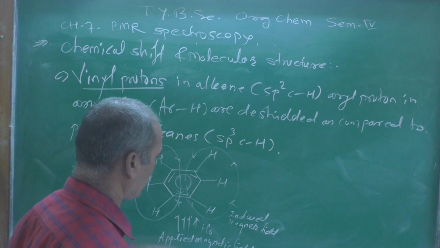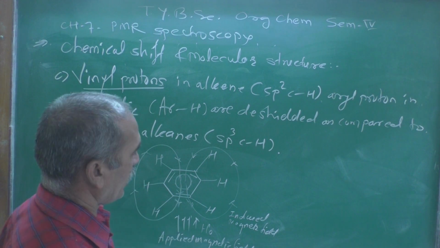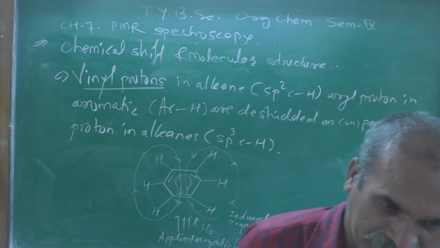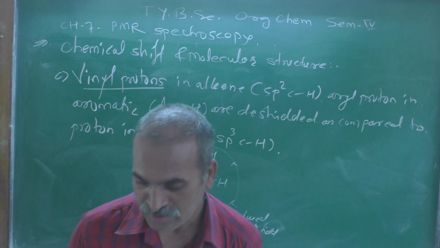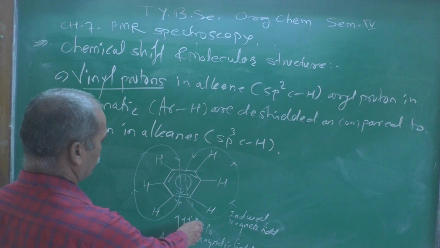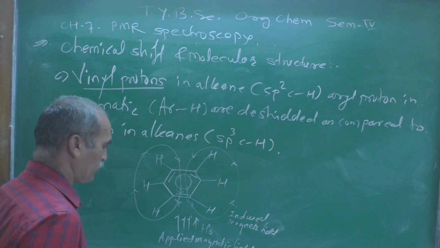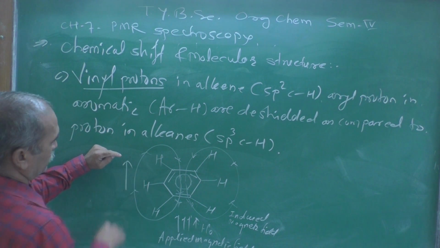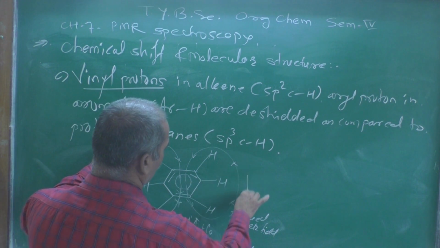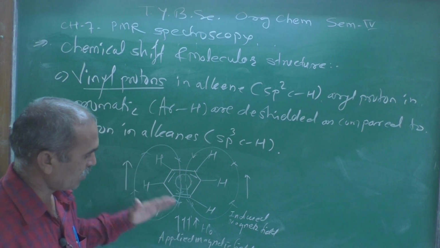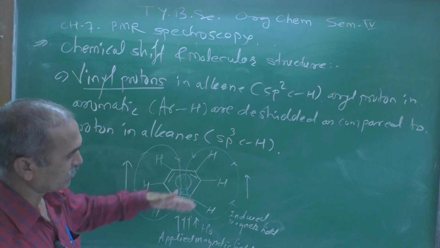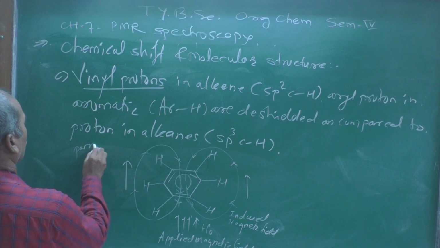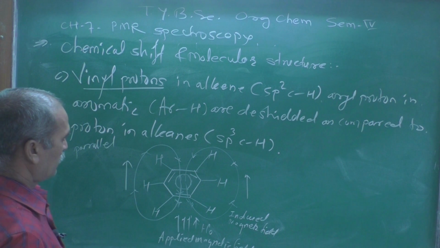When the applied magnetic field is applied, an induced magnetic field is generated, and if you see the arrow carefully, it is upward, and the arrow over here is also in an upward direction, which means the applied magnetic field and the induced magnetic field are parallel to each other.